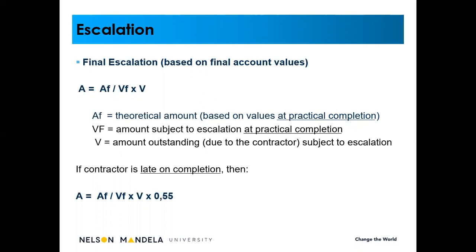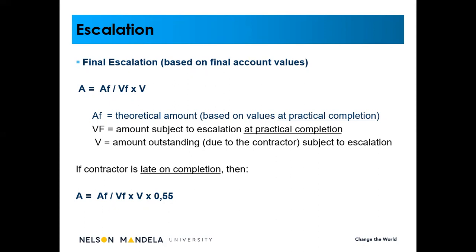For the final escalation, we've got another formula. And the formula that we're going to apply is AF divided by VF times V. Now, let's just explain the formula. AF is the theoretical amount, and that is the amount based on the values at practical completion. It's a theoretical amount. It is not escalation. And I'll explain that in the example.